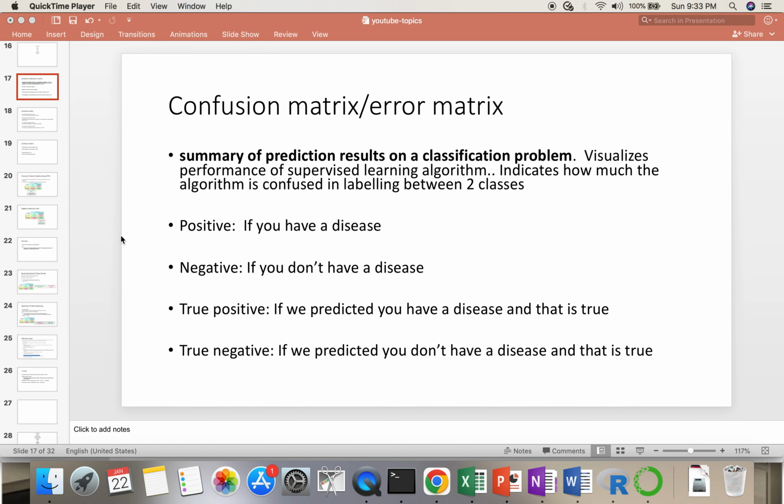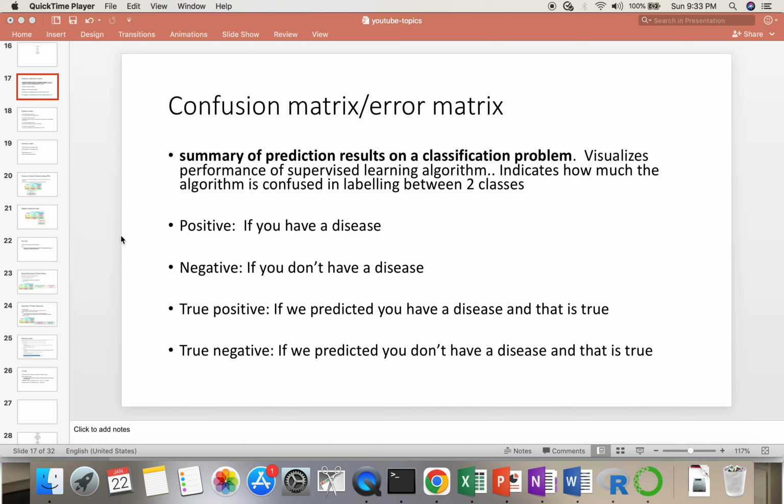Now, in general, the terminology used is: positive is when you have a disease, or you are trying to identify something and it is there, that is when we call it positive. Negative is the terminology used when we want to say you don't have a disease or you did not have a particular attribute.